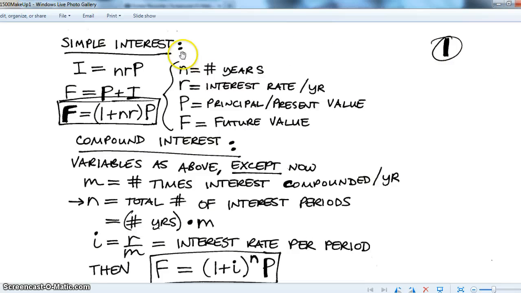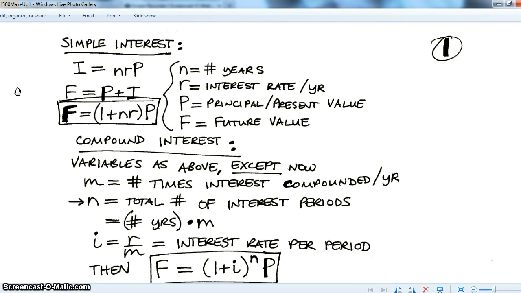So earlier we talked about the difference between simple interest and compound interest. So just to go over some of these formulas here. For simple interest, the interest is proportional to the time period, the interest rate per year, and the principal and present value. So this is where we get the interest I equals NRP.